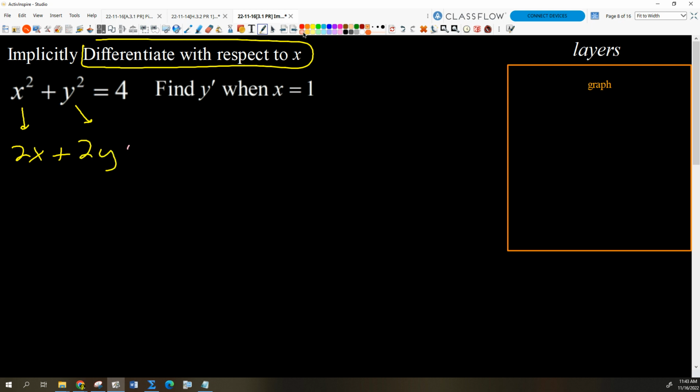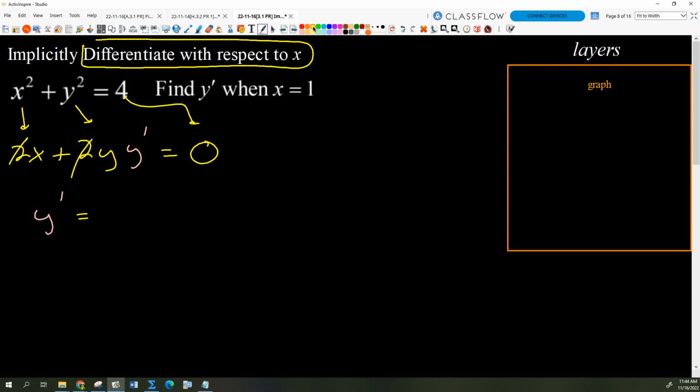So we're seeing a pattern already, right? Every time I've got a term with y's in it and I differentiate, I should expect to get y primes popping out by the chain rule. On the other side, what's the derivative of 4 with respect to anything? 0. Okay. Well, that's easy enough now, right? We can solve that for y prime. We could divide by 2 and get rid of those. So y prime then is equal to what if I isolate y prime?